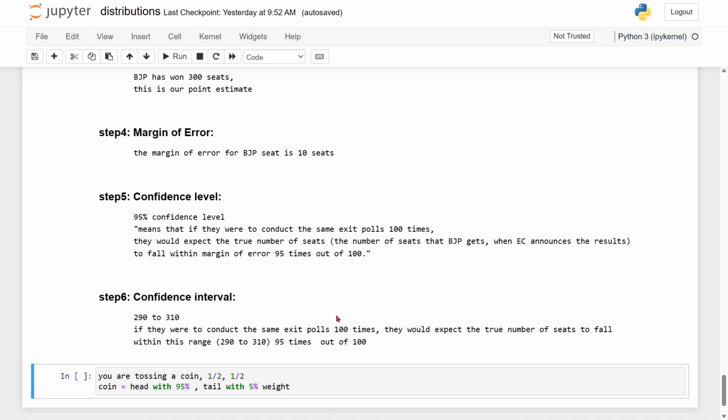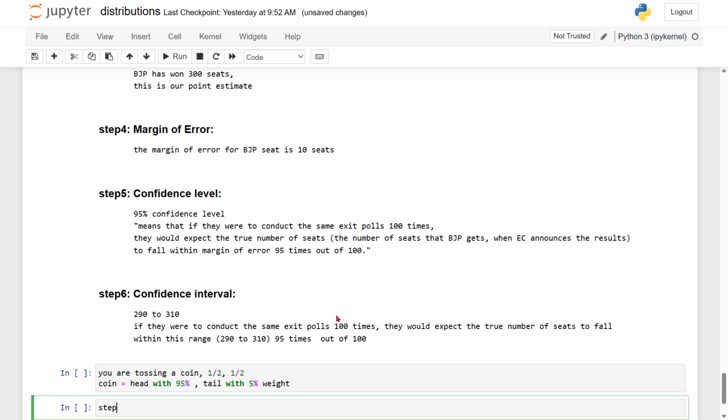Next step for us is step 7, reporting the results.